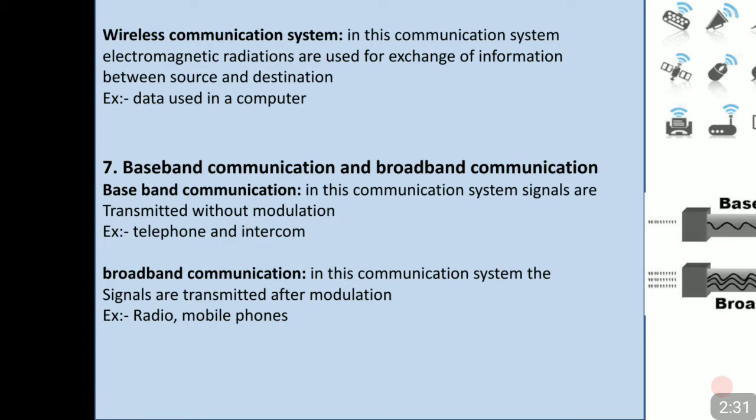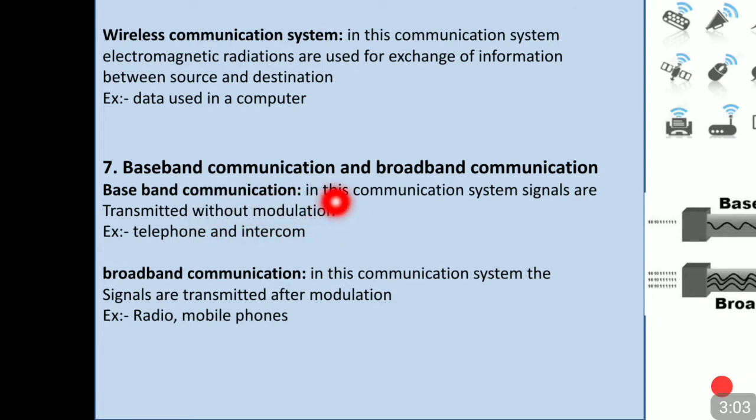As the name itself tells you, the baseband communication system will have only a certain small range of frequencies to be transferred from source to destination, and hence it is called a baseband communication system, wherein such a system will not be in need of any modulation. In this communication system, the signals are transmitted without modulation.